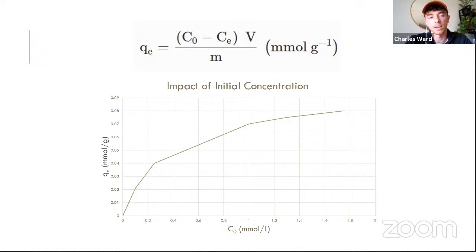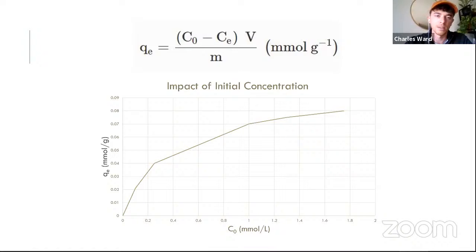You can kind of think of that as the slope of this graph, right? The steepest slope means it's the most efficient. As it starts to level off, that means more and more of your initial metal is staying in the solution rather than being deposited on the support.